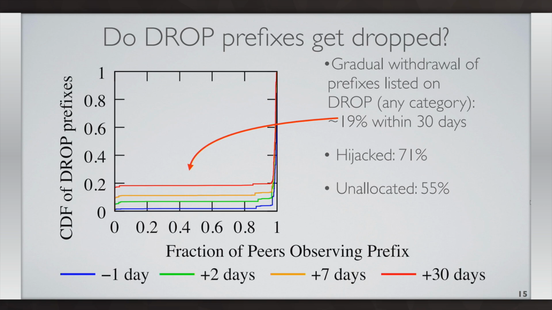So the question that we asked ourselves, finally we get to the results, is: do DROP prefixes get withdrawn? And we see that 20% of prefixes that get added to DROP are withdrawn within 30 days. But for prefixes that were labeled hijacked, this number is as high as 71%, and for unallocated, it is 55%.